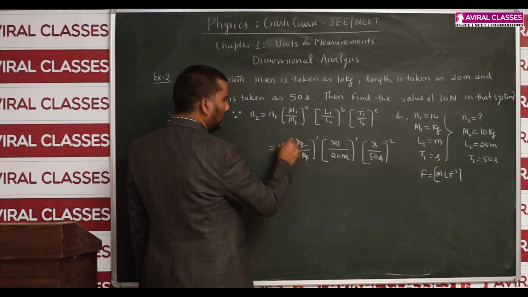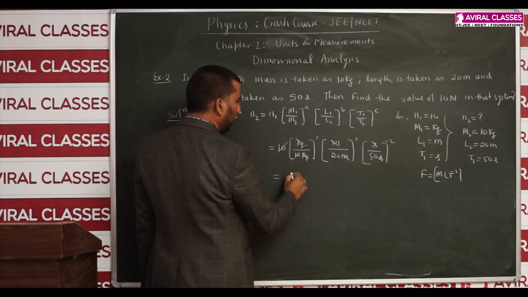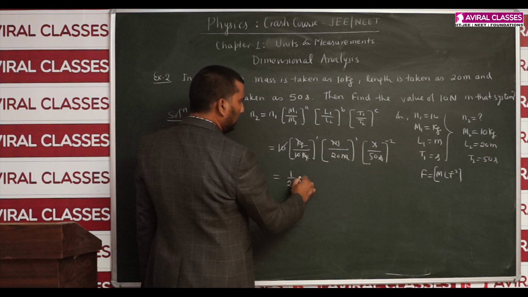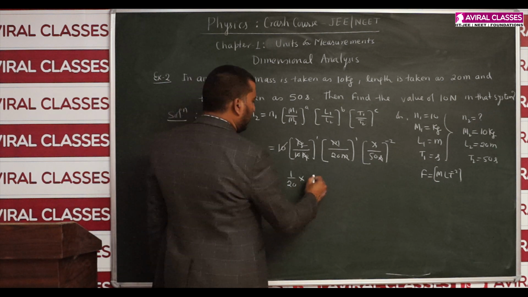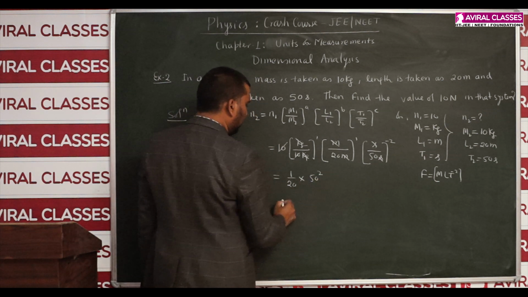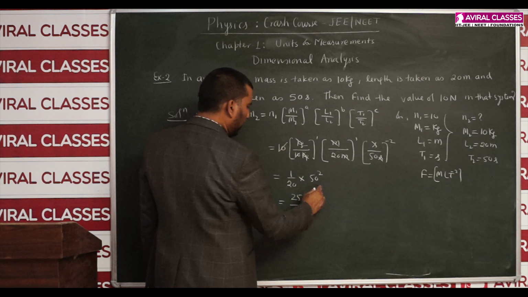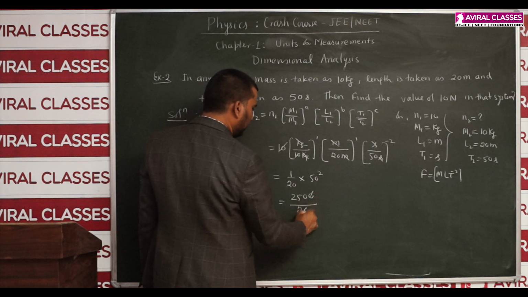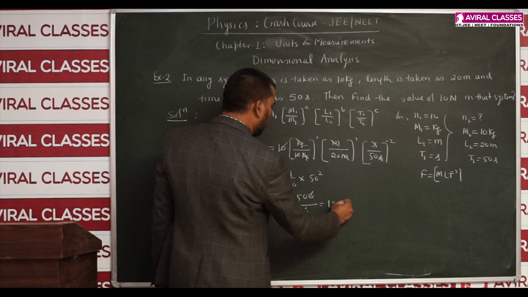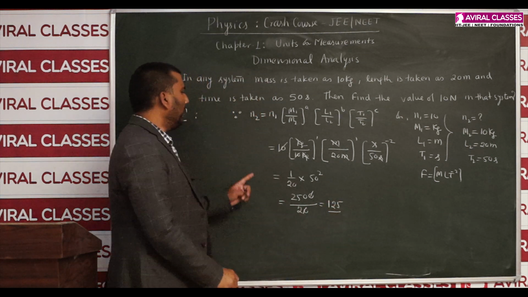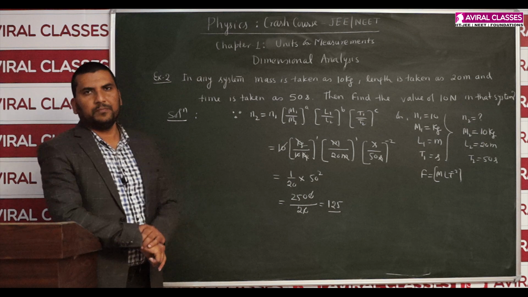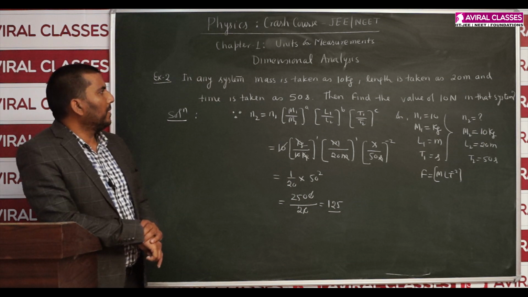It is 1 by 20, 50 to the power 2, 2500, 50 square upon 20, it is 125. So the value of N2 is 125 in the new system.